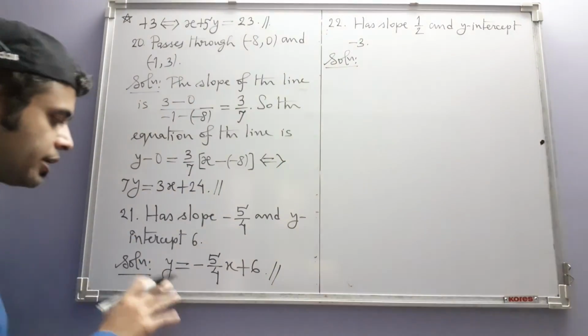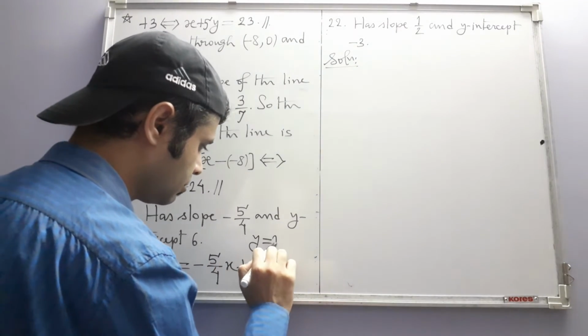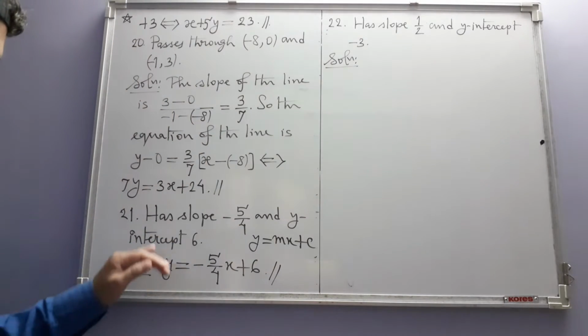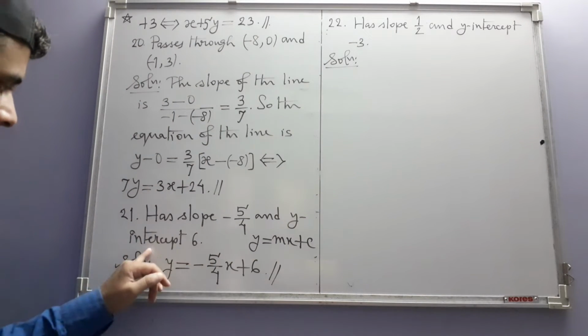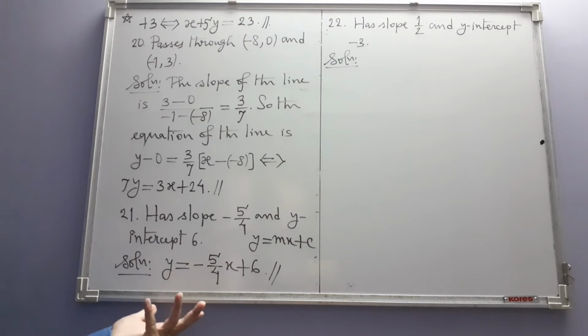If you forget the form y equal to mx plus c, you need not worry. From the information that the y-intercept is 6, you can in fact find the equation using point slope form.